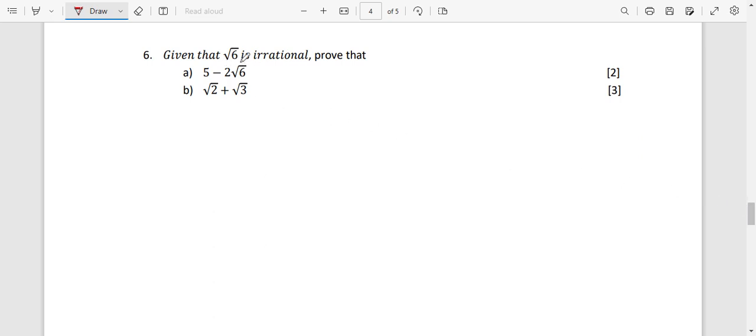Okay, given that square root of 6 is irrational, prove that 5 minus 2 square root of 6 is irrational. First, assume that 5 minus 2 square root of 6 is rational. What happens when we assume that?